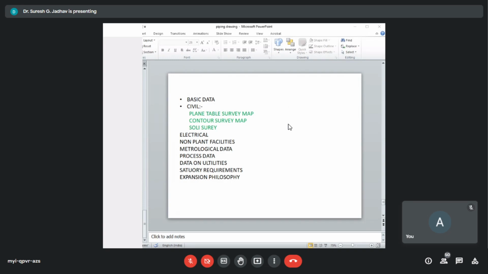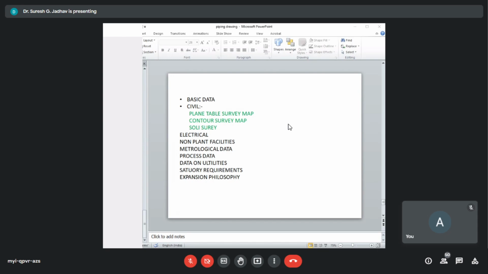This data is required to arrive at the block size of the different non-plant facilities before the work is started on the development of the plot plans. The user department should be consulted to arrive at the requirement, and the location and allocation should also be proportionate to the available plot area and effective process area.